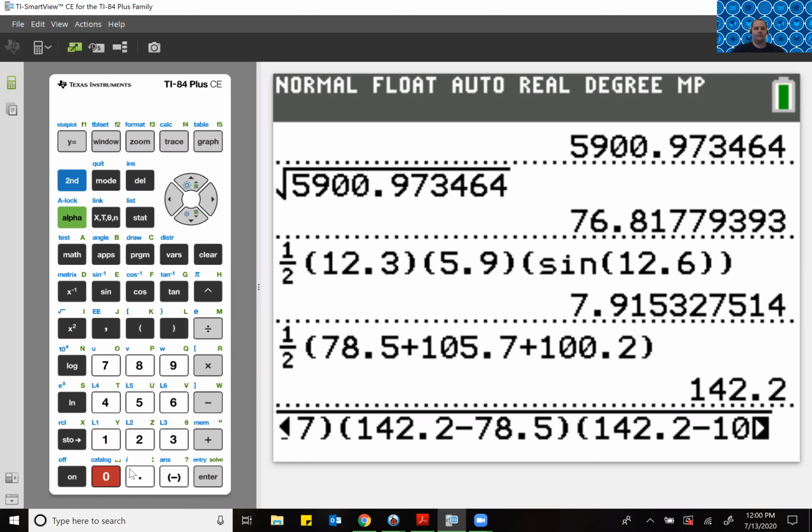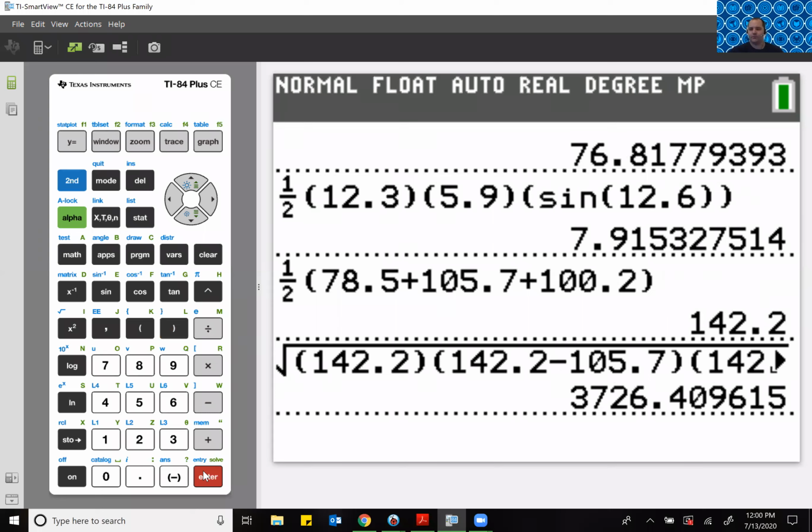Hit enter. To the nearest whole, 3,726 meters squared. Okay?